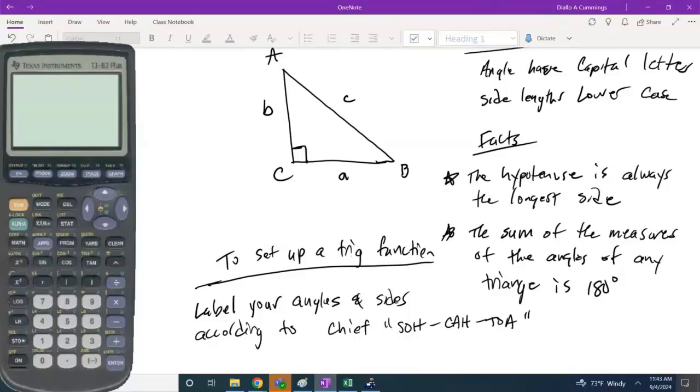So whenever you set up a trig function, we're going to use this thing called Chief Sohcahtoa.